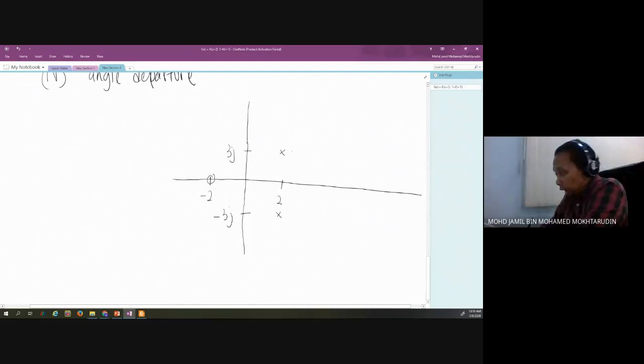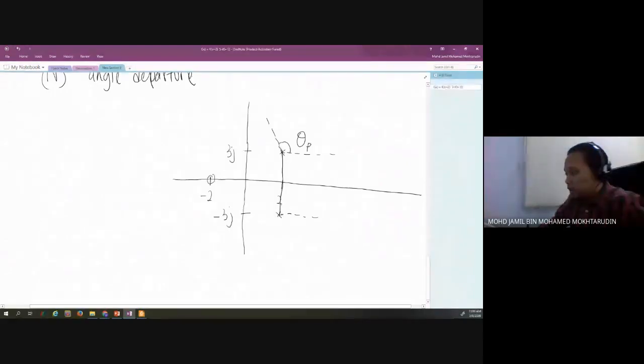Okay, so to calculate the angle of departure for this point, to calculate this angle, first you need to draw lines that connect all the zeros and poles to the pole that you want to calculate the angle. So first line is here. This is 90 degree. And the second line is here.